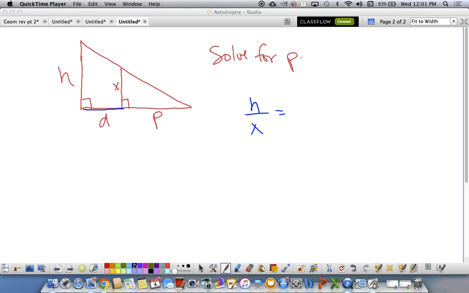Okay. Did you multiply D times P? Yeah. Is that what we did before? You can't multiply them. So H over X, so you did the height to the height, equals what's the total length?